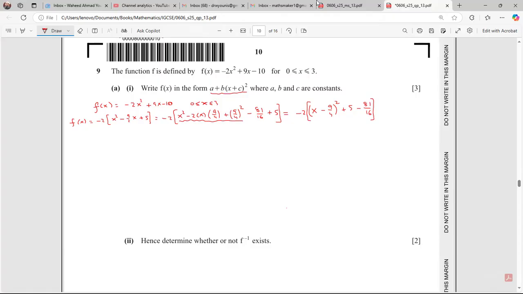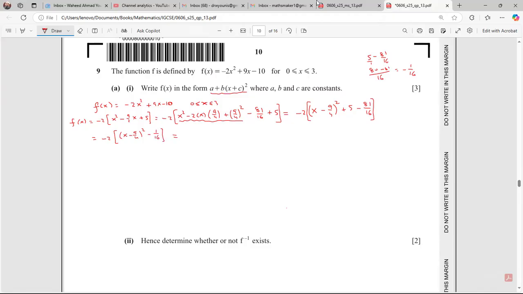You see this 5 minus 81 by 16, I can simplify it as 16 is 1 times 16, 16 is 80 minus 81, so it is minus 1 over 16. So it will become minus 2, and then I have x minus 9 by 4 squared and minus 1 over 16. And I can further simplify.